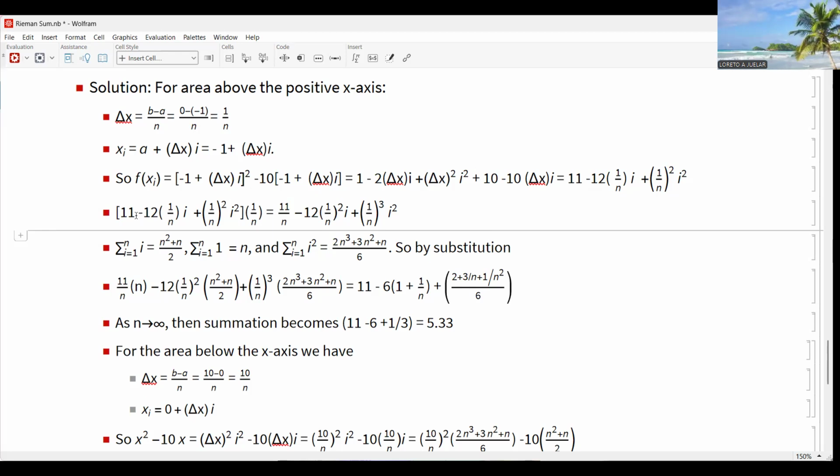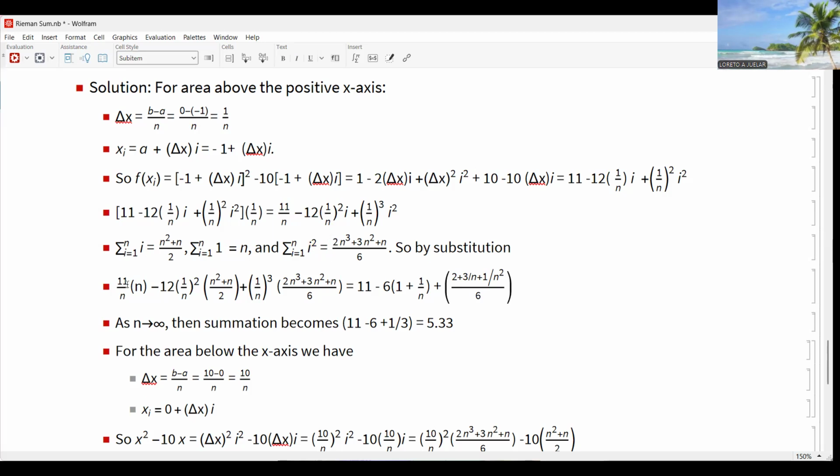By simplification here, we have the delta x here, 1 over n. So we distribute the 1 over n. So we have this. And we have the summation of i in terms of n is n squared plus n over 2. The summation of 1 from i to n is equal to n. The summation of i squared is equal to 2n cubed plus 3n squared plus n over 6.